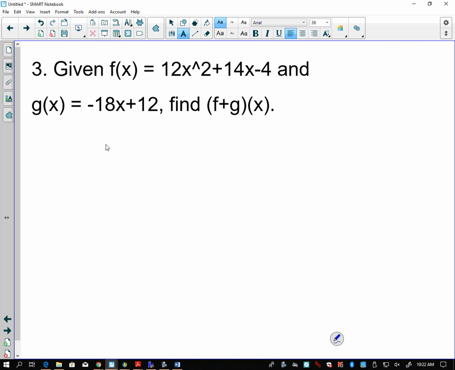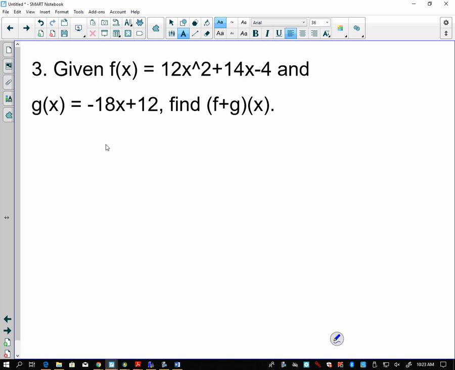All right, so the rest of this, we'll do in blue, is the work. What do I do? Any takers? 12x squared plus 14x minus 4, negative 18x plus 12. I plug it into it.